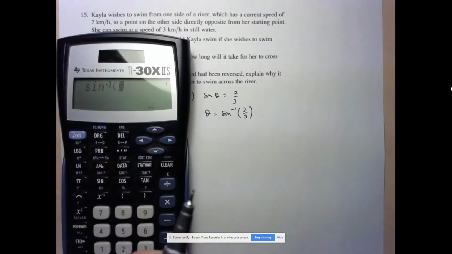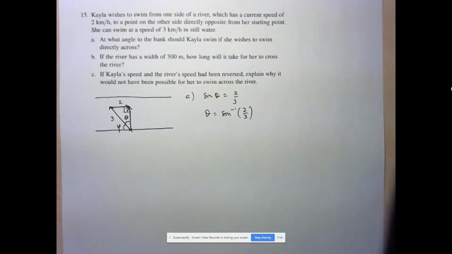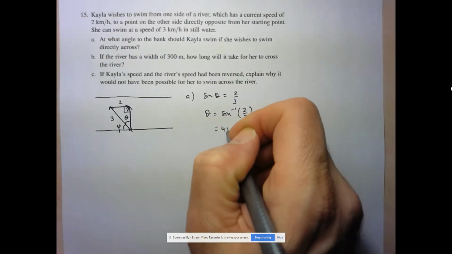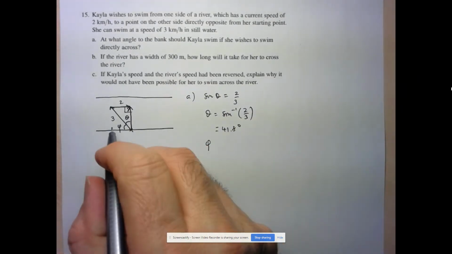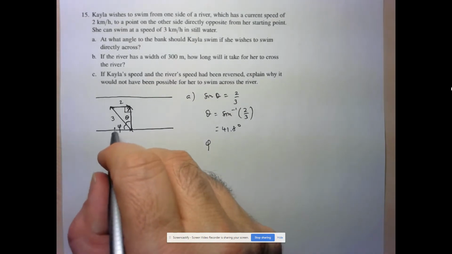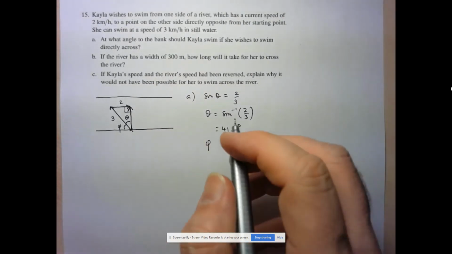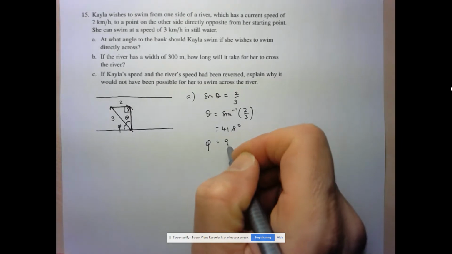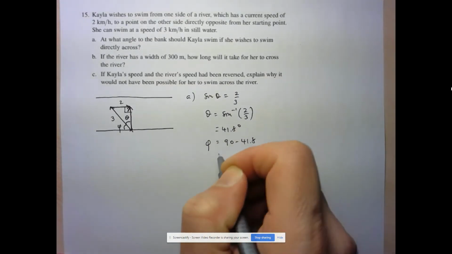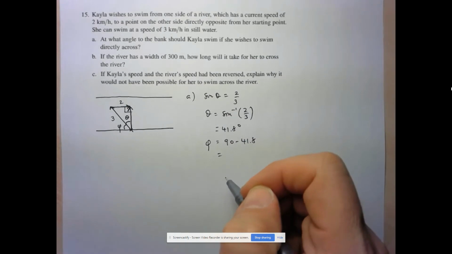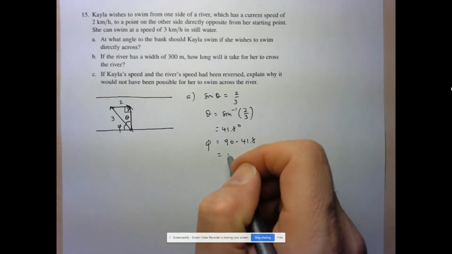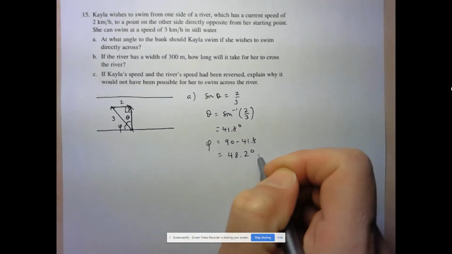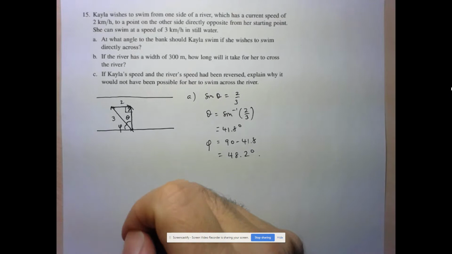Sine inverse of 2 over 3 is 41.8. So if we're looking for the angle to the bank, which I've defined on my diagram so I don't need to define it in words, it's just going to be equal to 90 minus 41.8, which is 48.2 degrees. All right, so we've answered A.